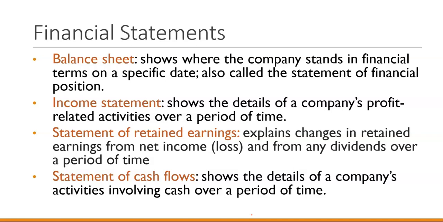So this is our beginning retained earnings plus our net income or loss, and then removing any dividends, if we paid dividends, gives us our ending retained earnings. Like I said, this is all brand new information, and we're going to spend a lot of time this semester talking about this over and over again.